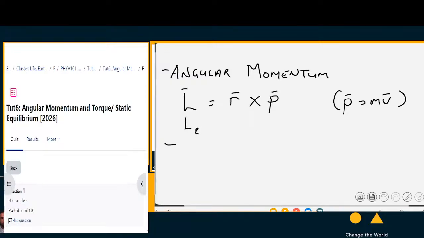Let's say in this case the z component is equal to I, the moment of inertia, multiplied by omega, its angular speed. If it's rotating about a fixed z-axis, this will give us its component. Now it can also be the component for the x and the y.